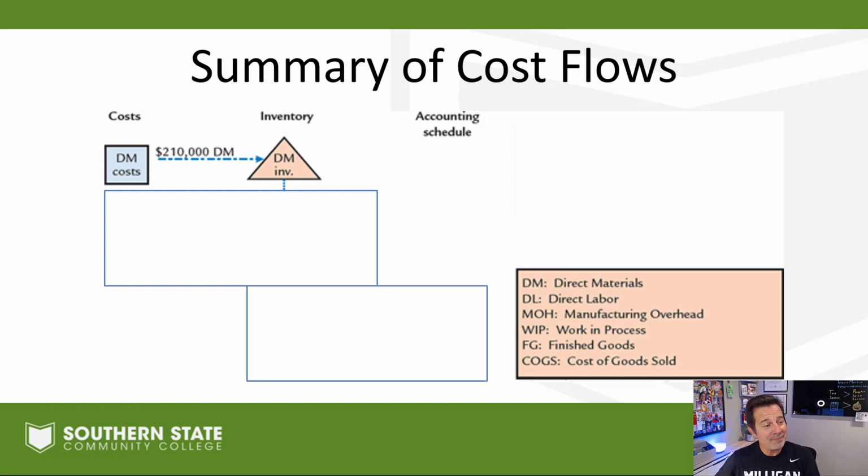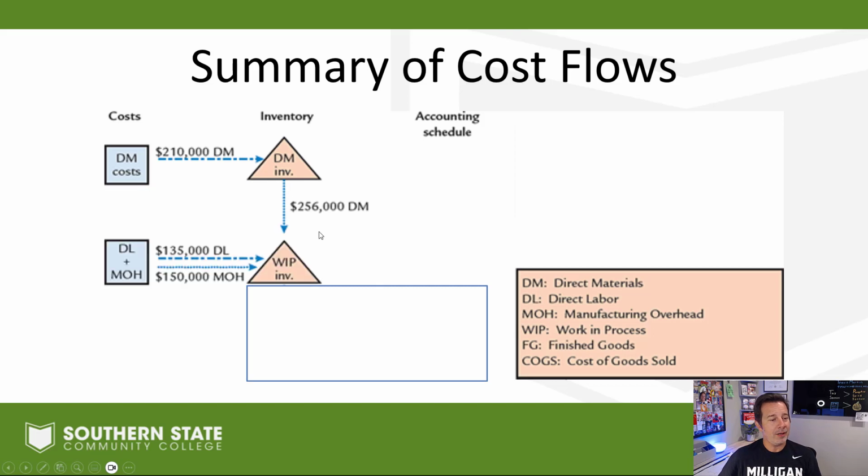Well, we begin with direct material. We buy direct material, and let's say that we got a production order and we put that direct material into production. Well, it's going into inventory at that point. We put in 256,000 into production.